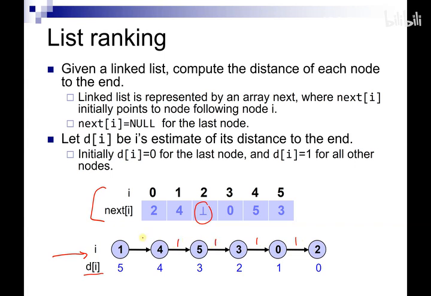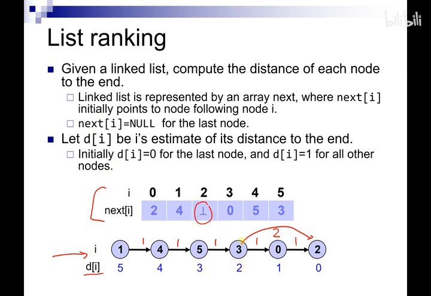So all of these nodes initially know that their distance to the next node is 1. Now, because 3 knows its distance 1 from 0, and 0 knows its distance 1 from 2, if we add these together, then 3 knows it's distance 2 from the node 2.